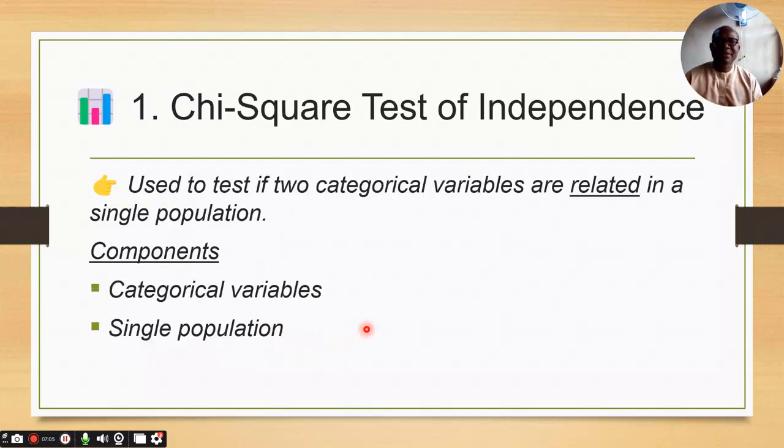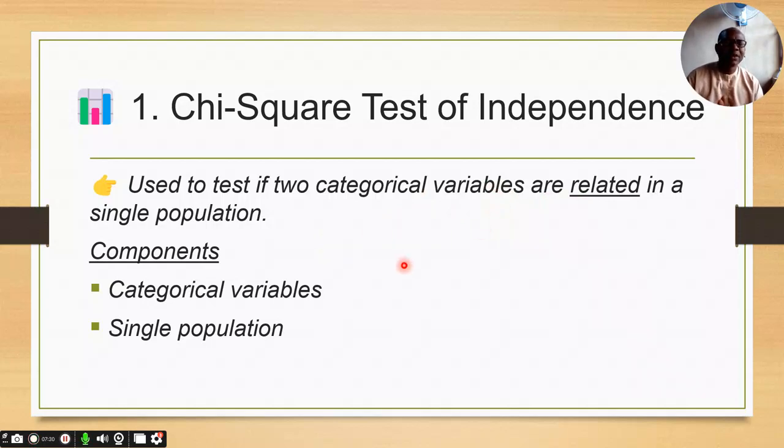Now, let's look at the chi-square test of independence, one of the three chi-square test statistics. How is it applied, and what does it relate to? Usually, the chi-square test of independence is used to test if categorical variables are related in a single population.